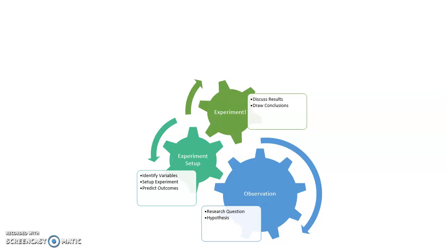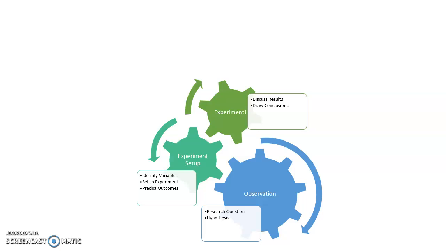The experiment setup identifies variables and predicts outcomes. The observation drives both of these things. It's where you research the question or discover the question and draw a hypothesis. So we're going to talk about each of these.